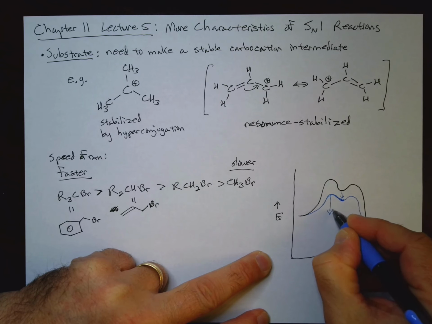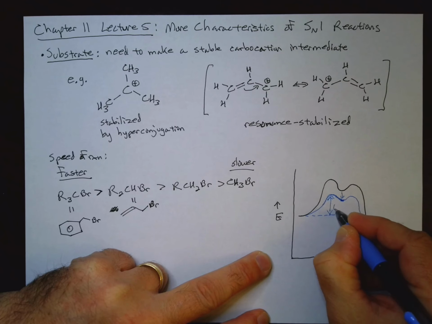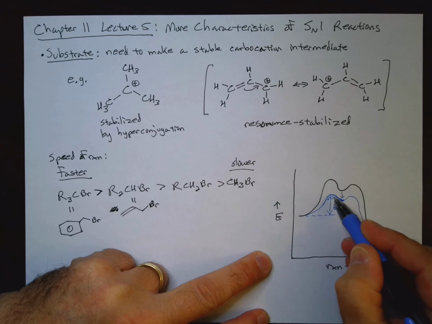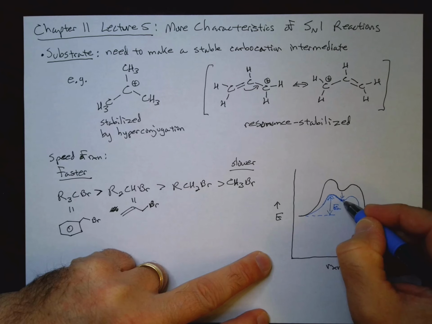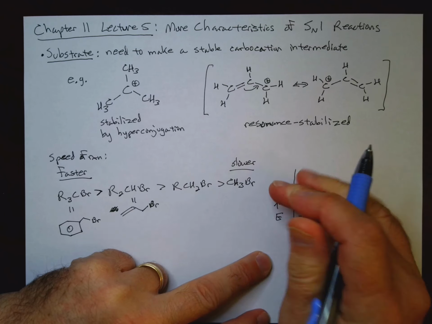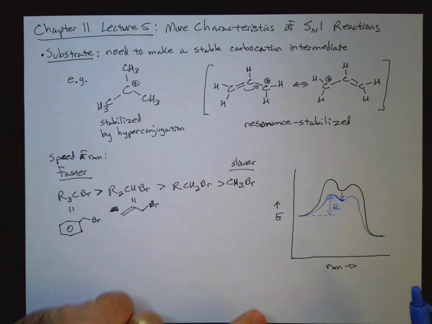So now I've got a smaller activation energy than I did before. So a more stable carbocation means more stable intermediate. More stable intermediate means lower energy transition state. So that's going to speed up the reaction.